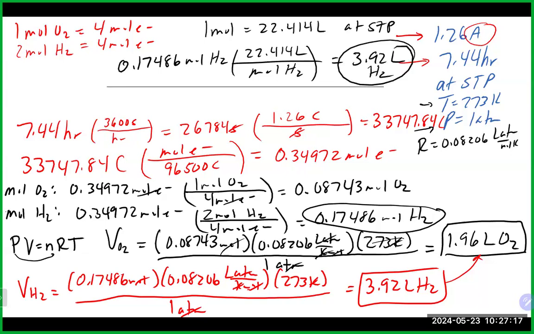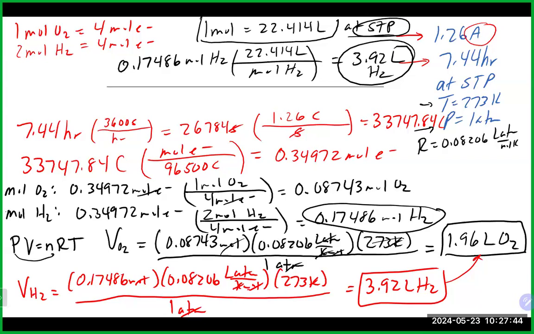Because this happens to be at STP, you could use that relationship without using the ideal gas law to get to your volume. Also a reminder though, this should only be used if it is at STP. If it's not at STP, you should not use that relationship. You should definitely use the ideal gas law. And as you can see, a good reminder that even at STP conditions, you can still use the ideal gas law, just put the numbers in as well.